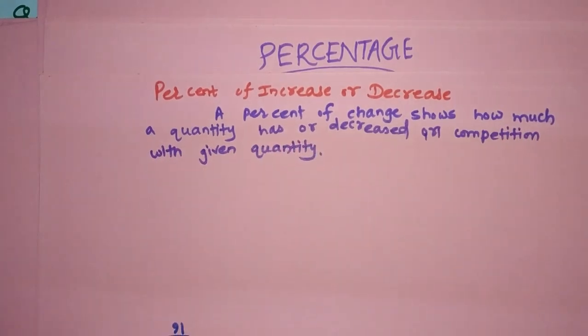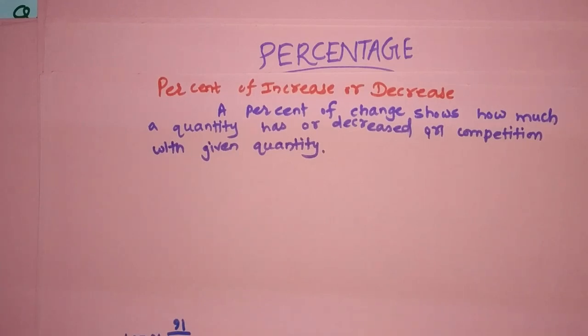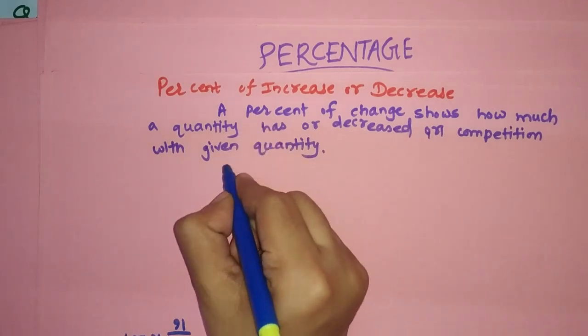Here sometimes the percentage is going to increase, or it is reduced, or sometimes the price of any commodity or item is going to increase by a particular amount. So you can find out that percentage change.